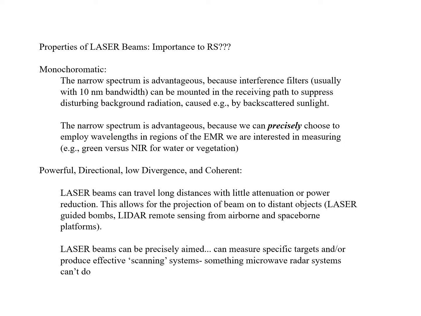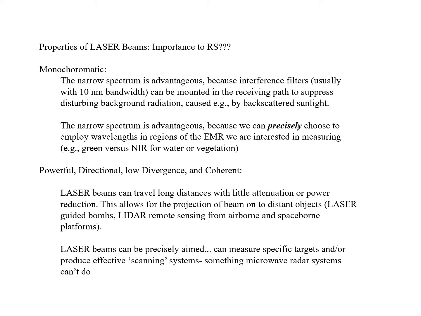We can get that with great specificity with LiDAR. What about the fact that it's powerful, directional, low divergent, and coherent? Well, laser beams can travel long distances with little attenuation or power reduction. So this allows you to project them onto distant objects, like in an application you might know of, laser guided bombs, where you can light something up with a laser and a bomb will follow the track to that laser spot, and LiDAR remote sensing from airborne or spaceborne platforms.